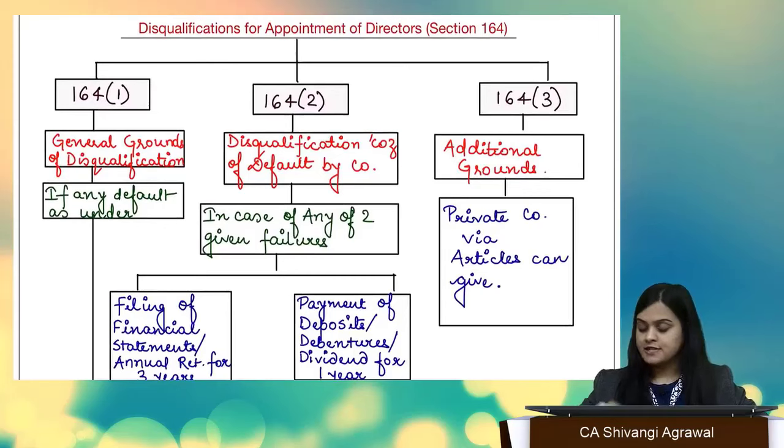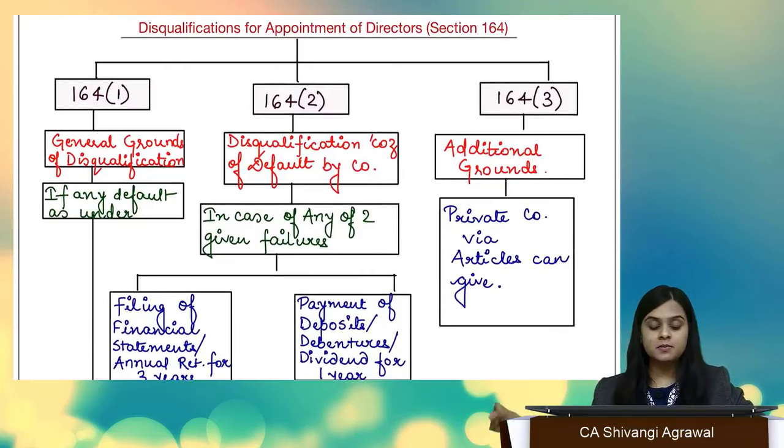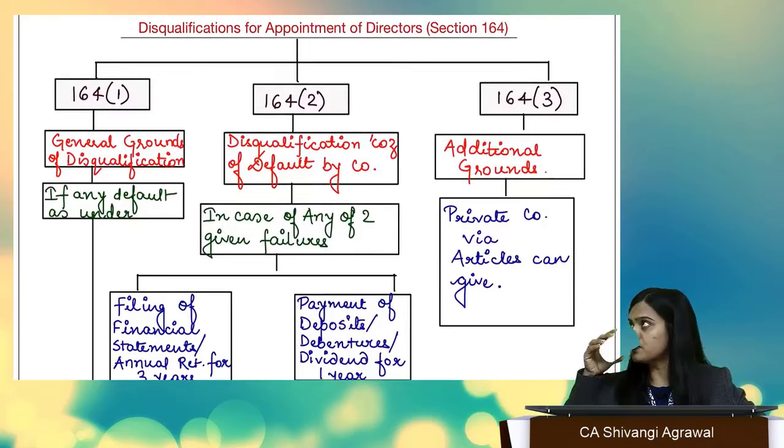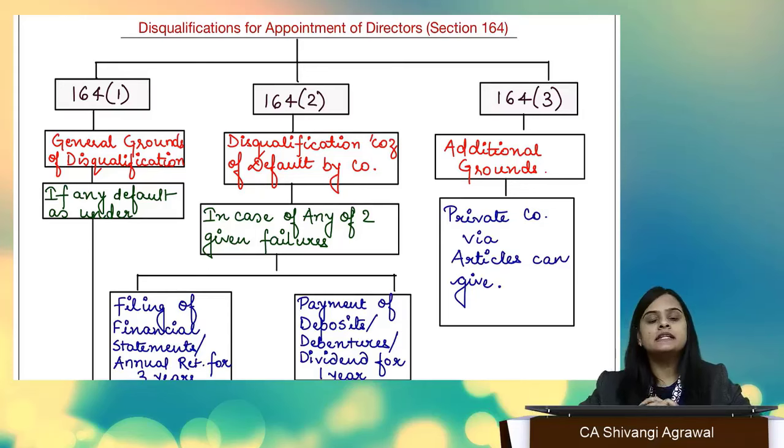Section 164. This talks about the disqualification. See, this section is divided into three parts. Part number 1, that is section 164(1), which talks about 9 grounds of disqualification.